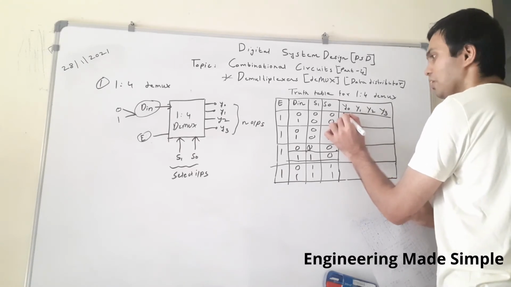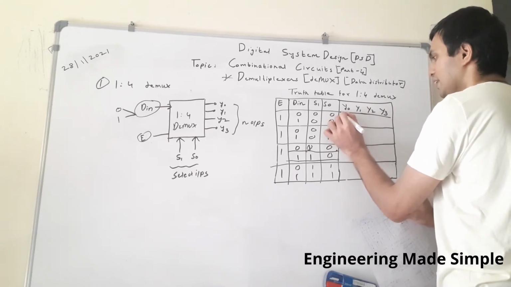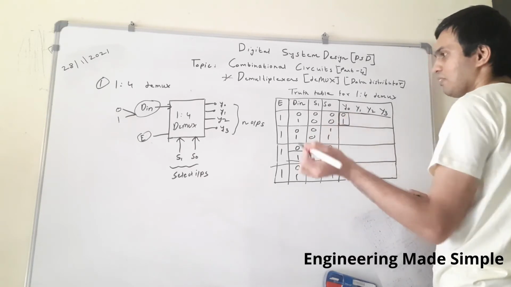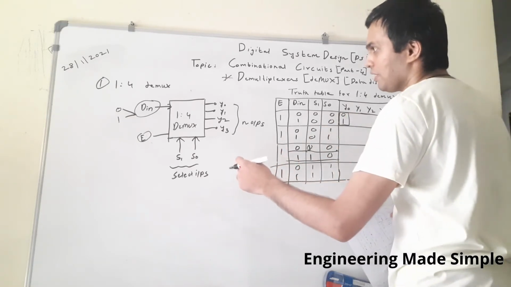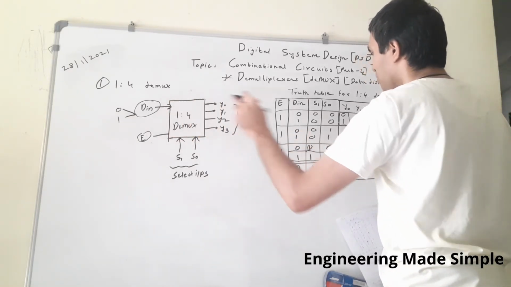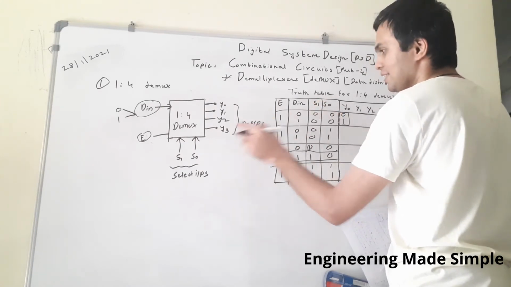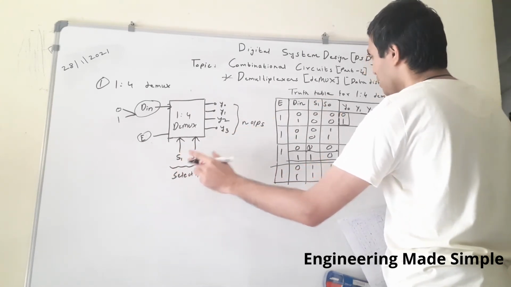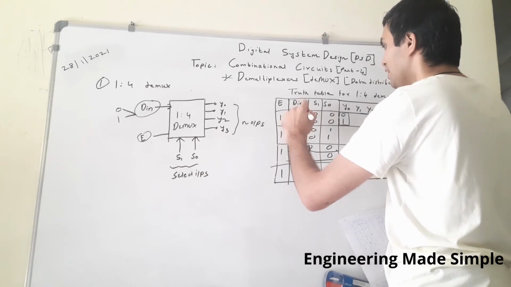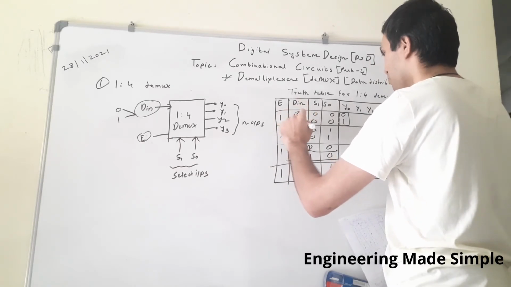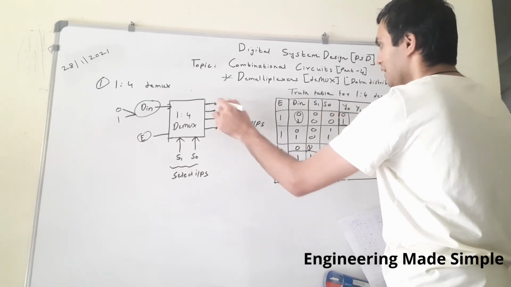Now for this particular one, let's see. What we have discussed till now is a data distributor circuit, right? So for the first input combination, when the select inputs S1 S0 are both 0, then DIN will be connected to your output Y0.